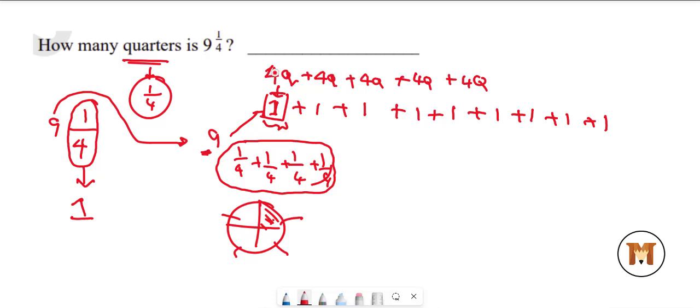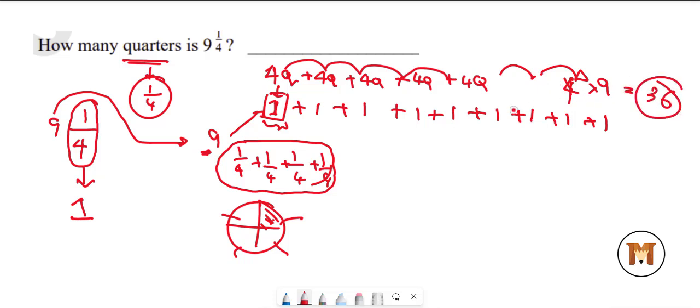So which means 4 times what? 9. 4 times 9, right? 4 times 9 is 36. So within the 9 whole number, it has 36 quarters.